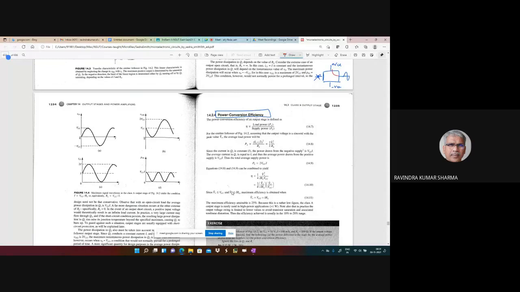This is now converted into AC power. That's what you get here. So how this is converting is what is important.